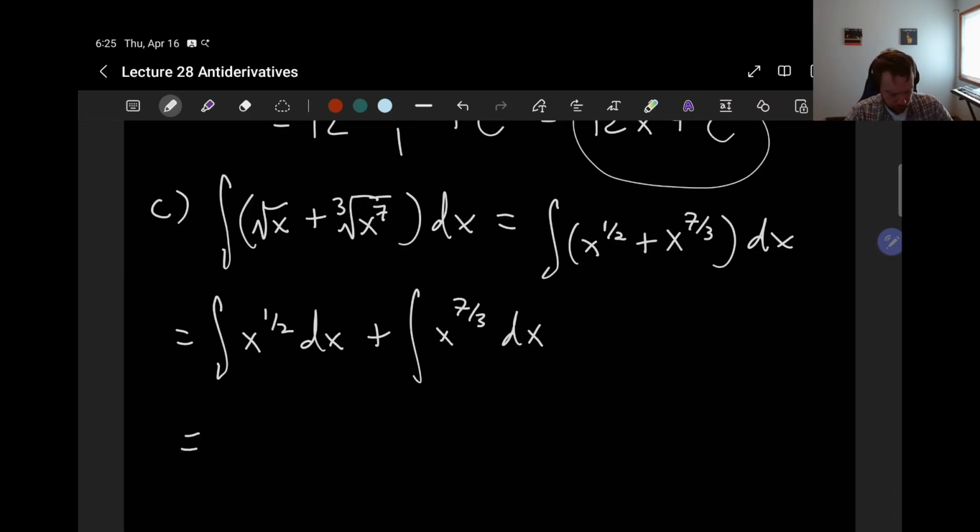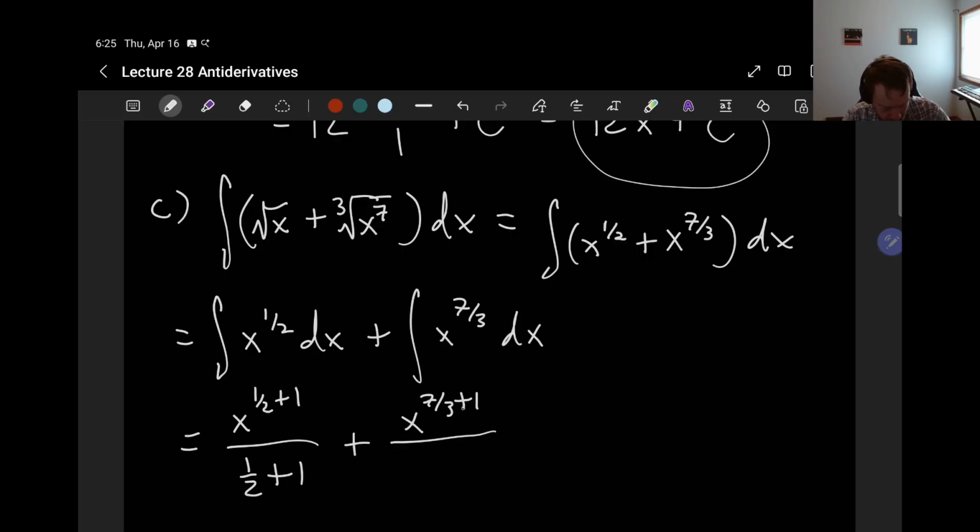Okay, now power rule. So you add 1 to the exponents. So 1/2 plus 1 divided by that new exponent. Okay, 7/3 plus 1. Just want to be clear about that.